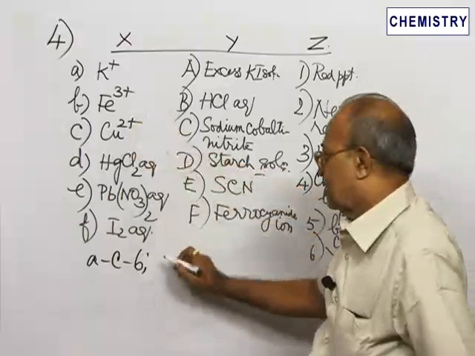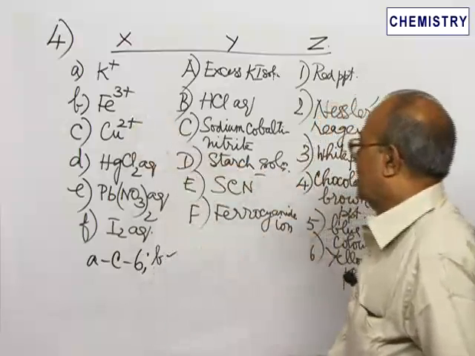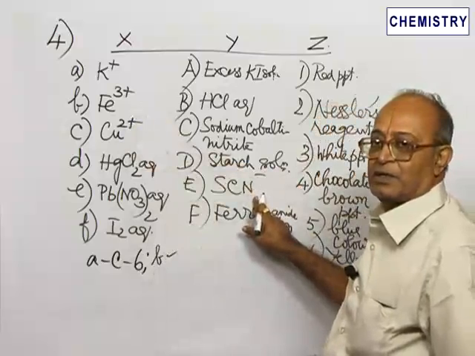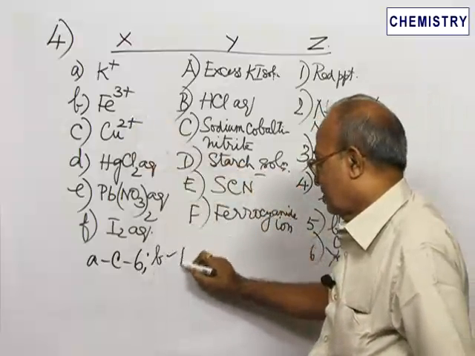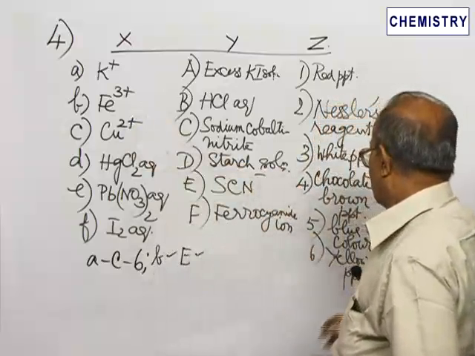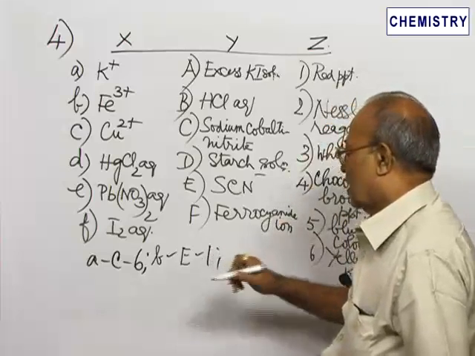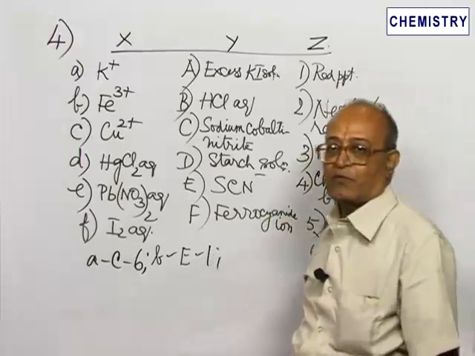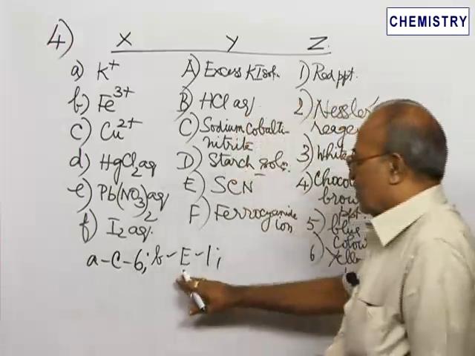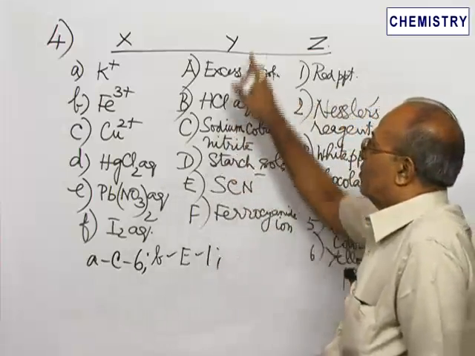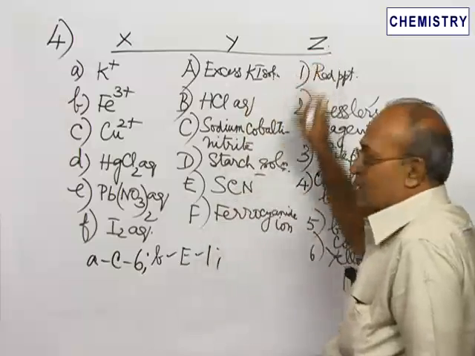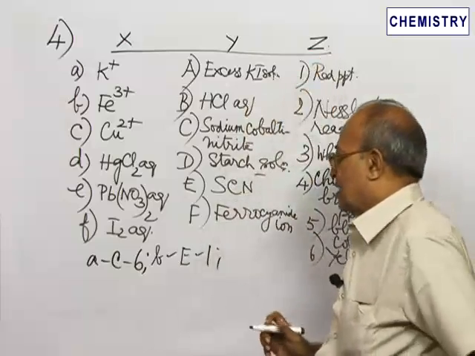Fe3 plus B reacting with thiocyanate ion E to give a red precipitate 1. So, for B, matching will be in the form of E from Y and 1 from Z.